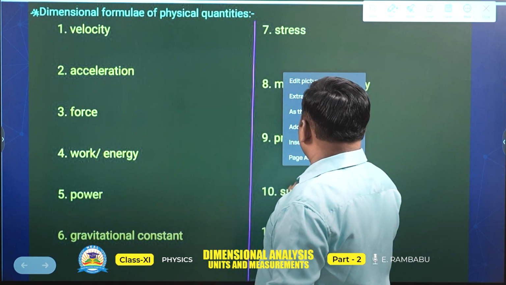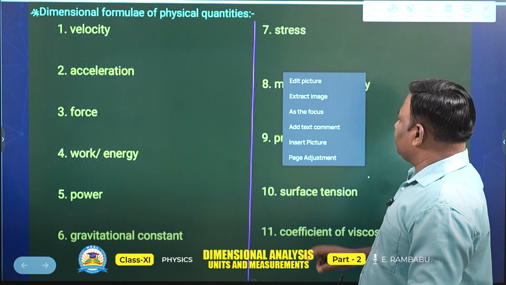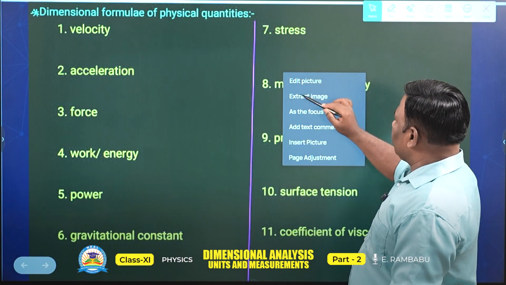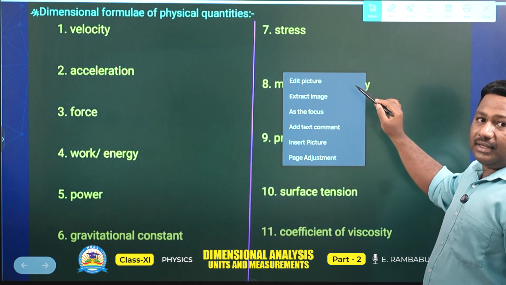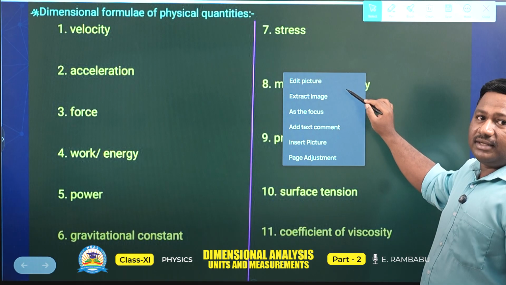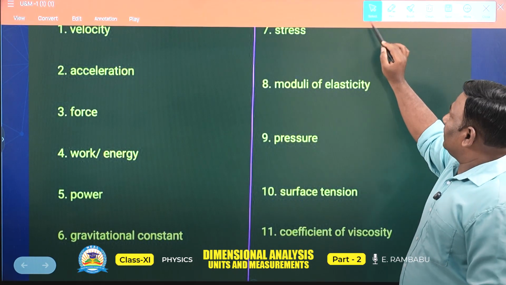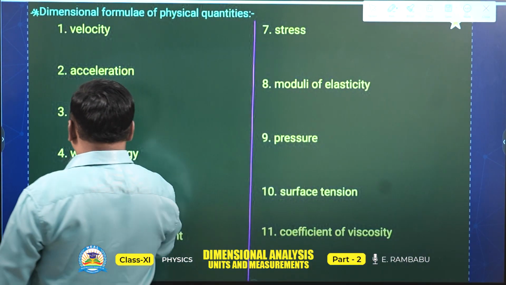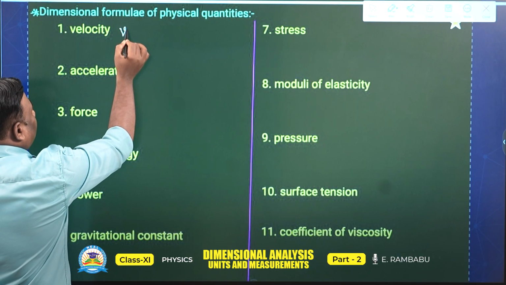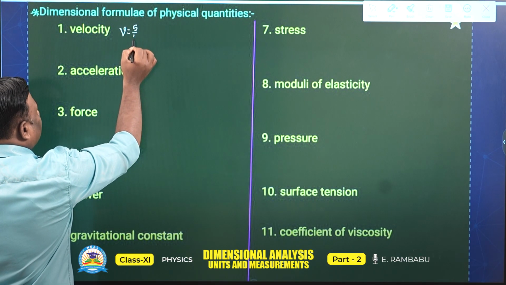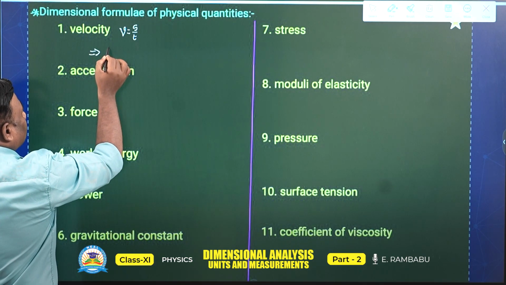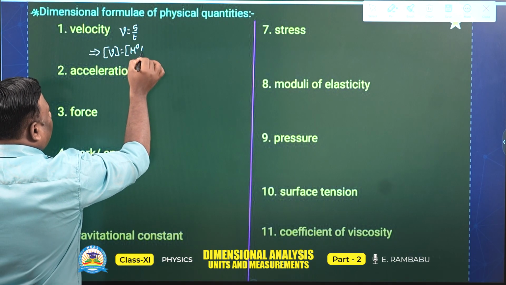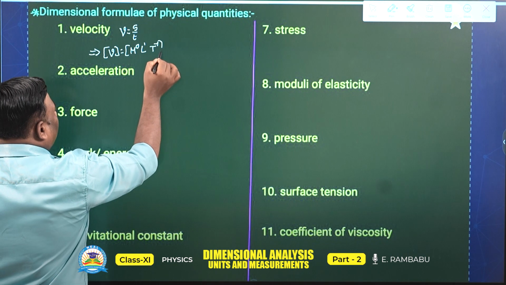Here the first one is velocity. See the dimensions of the physical quantity. Now the first one is velocity. Already we know that velocity is nothing but displacement by time. So from that, the dimensions of velocity can be taken as M to the power 0, L to the power 1, T to the power minus 1.